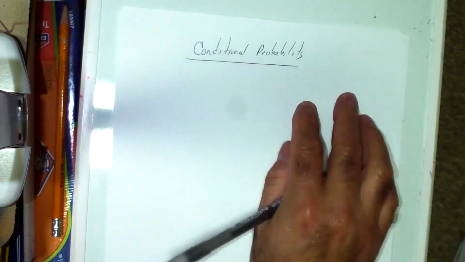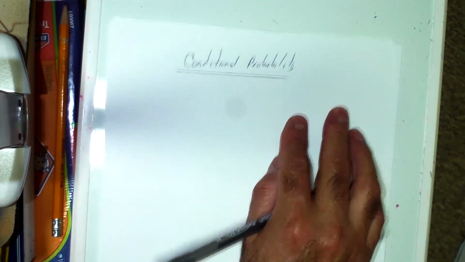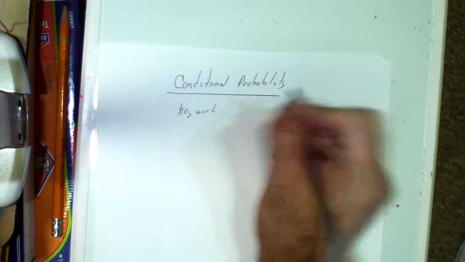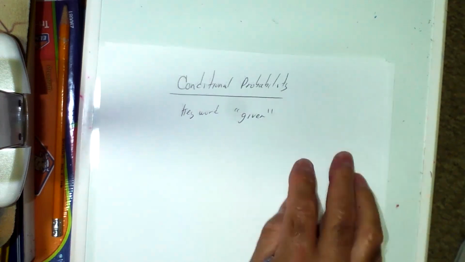Just like we had keywords for the addition, which was or, and multiplication, which was and, this one has its own keyword. The keyword for conditional is going to be the word given.